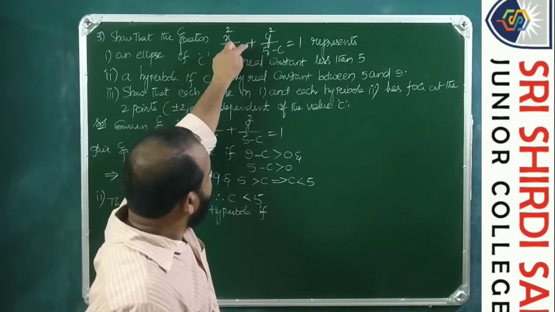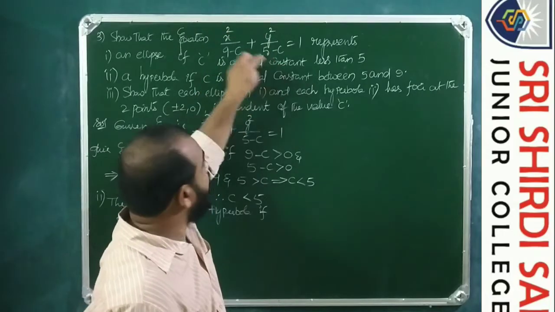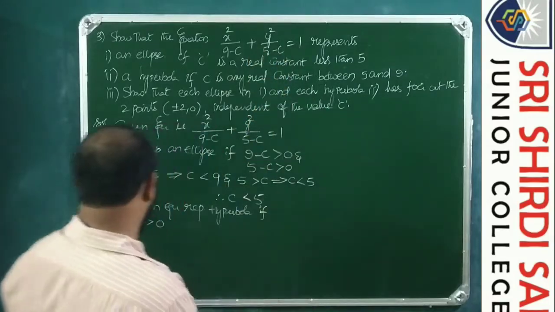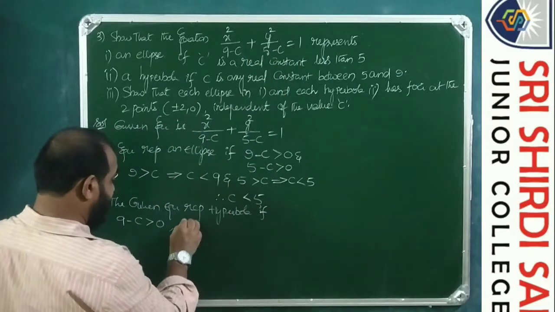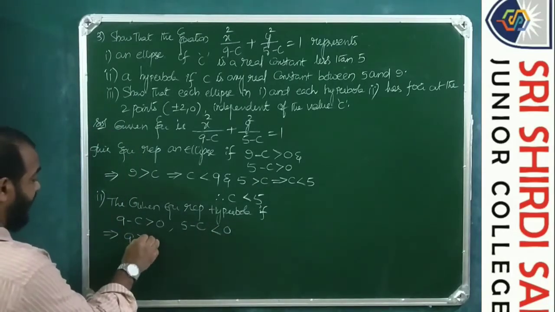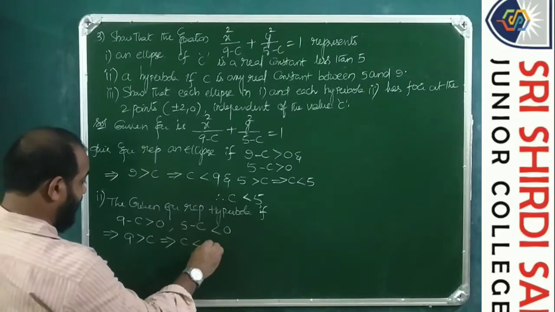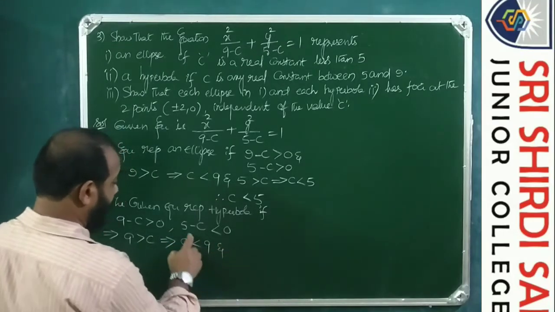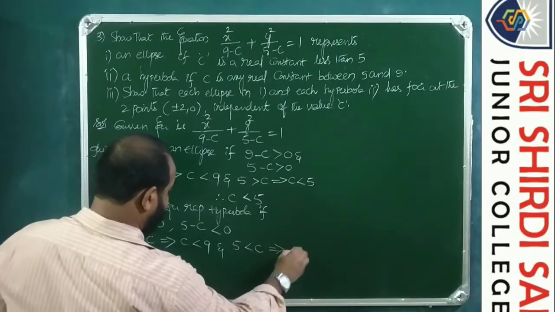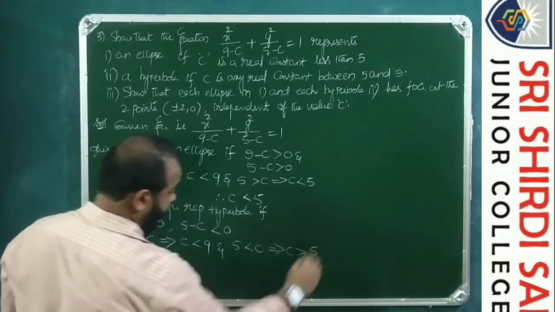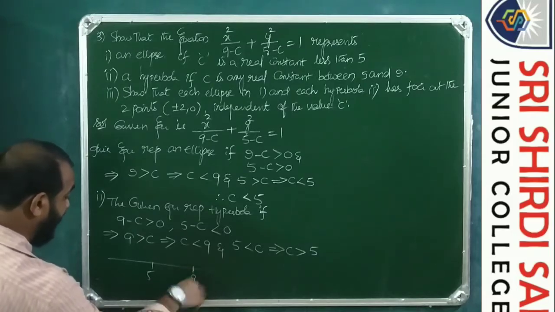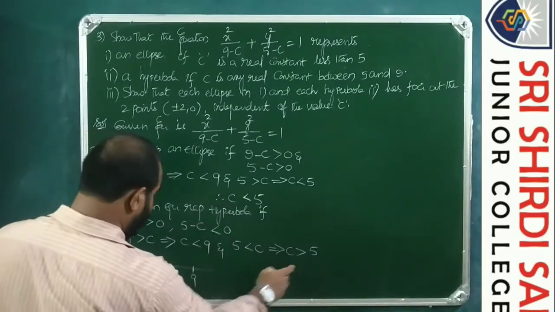This is y square by b square with a minus, that means this should be less than 0. 5 minus c is less than 0. So 9 is greater than c, or c is less than 9, and 5 is less than c, or c is greater than 5. That means this is 5 and this is 9. So c is greater than 5.